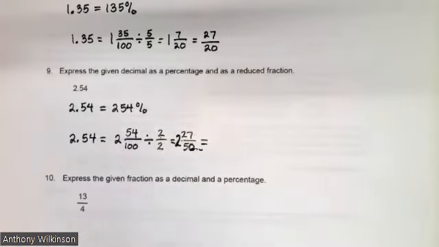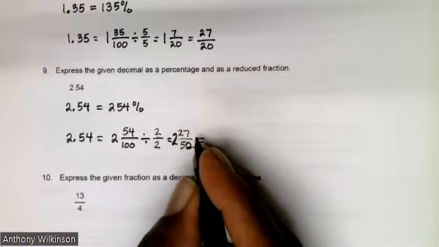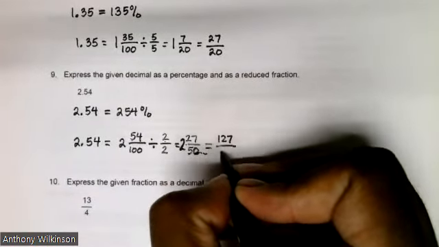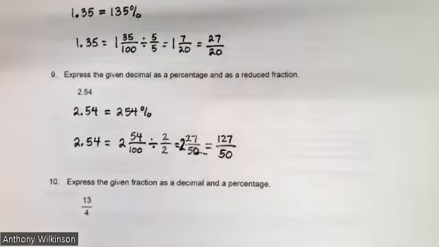All right. And if I do 50 times 2, that's 100 plus 27. That would be 127 over 50. That's what we're looking for in this case here. So it'll be 127 over 50 for the reduced fraction. And it'll be an improper fraction, by the way.